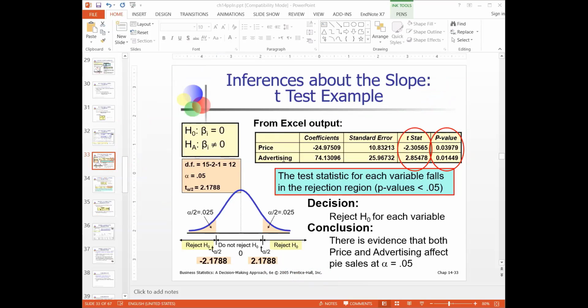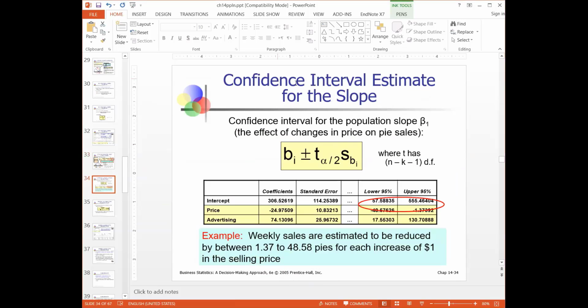This way you can confirm the slope of the variable. There are two methods that are already discussed: first is the t-value method, second is the p-value method. Now we'll go towards the third way. The third way is you can check the lower and upper interval of the variable.